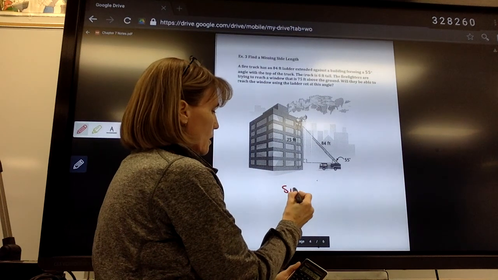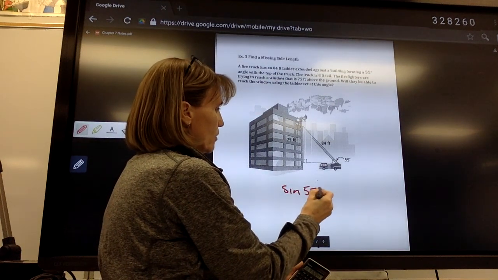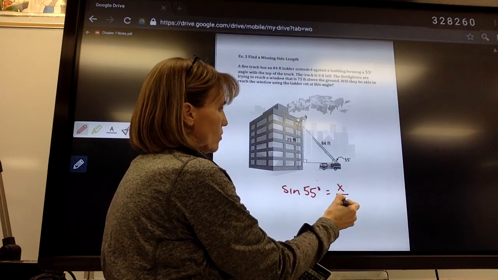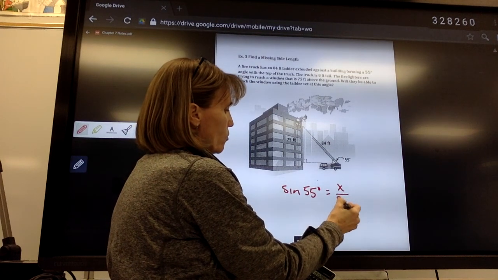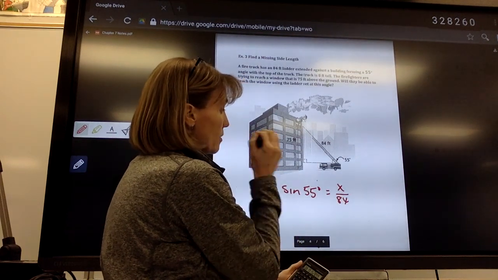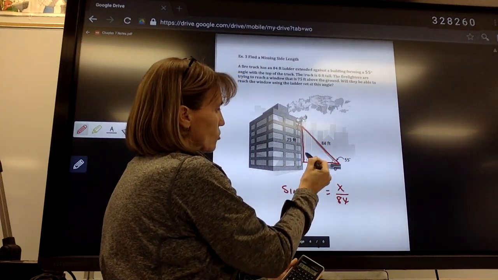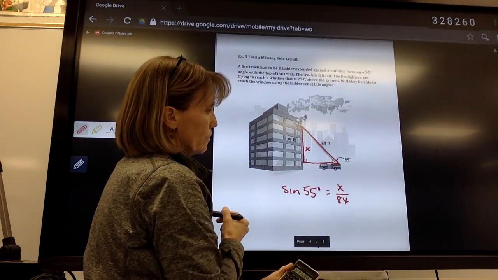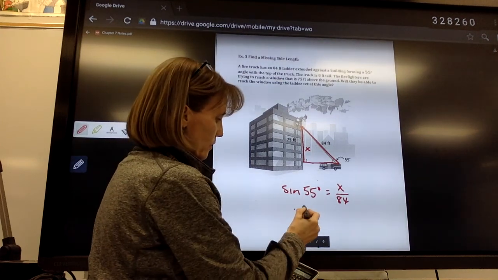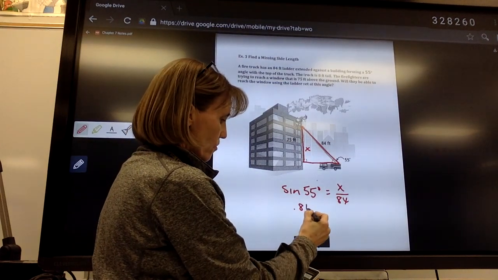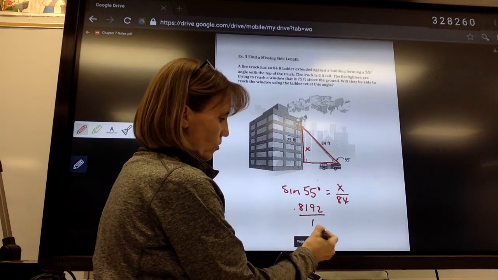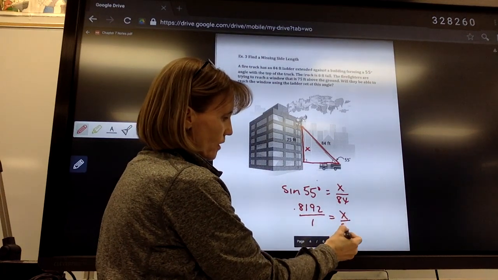So I have the sine of 55 degrees is equal to x over 84. This was the triangle again, and we're trying to find this side length. So I'm putting down the sine of 55 from my calculator, and I put it over 1. It equals x over 84.